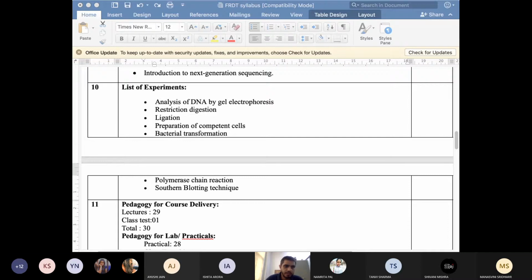Before moving to restriction enzymes, let us see what types of practicals are listed. I have the list of experiments, as you are all able to see.